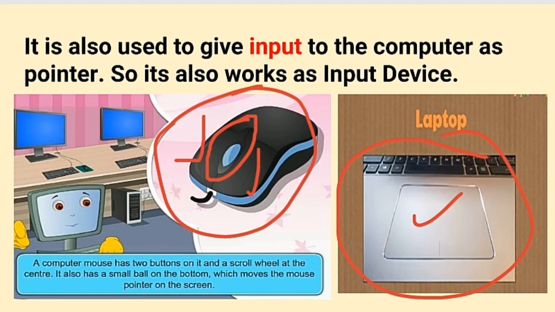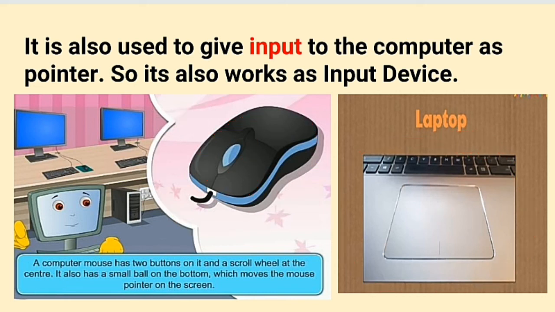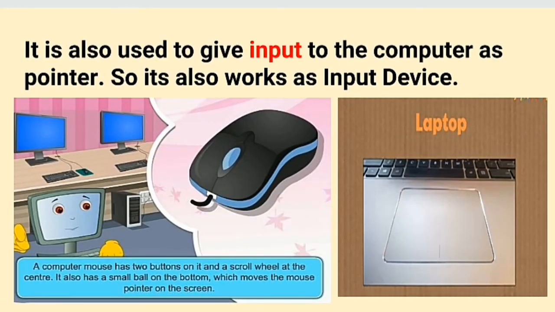All of these help to point, enter or select anything on the screen. So we can say that it is used to point, so it is a pointing device, and it gives information to the computer, so it is also an input device.